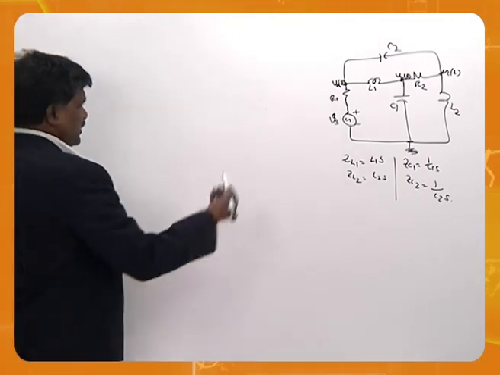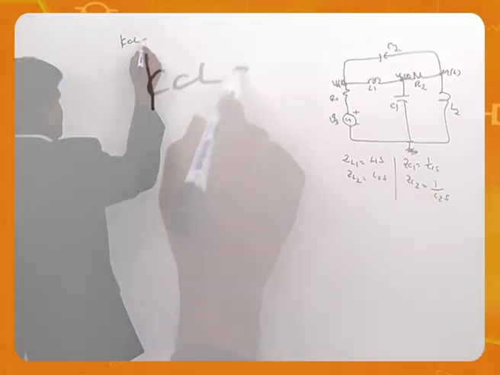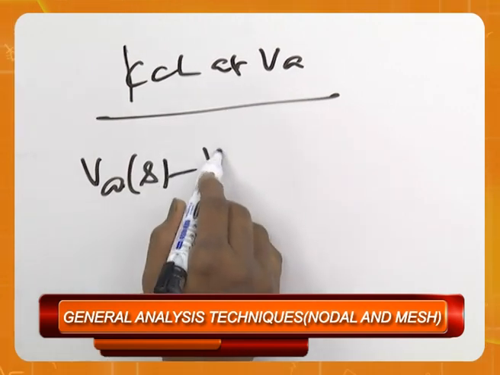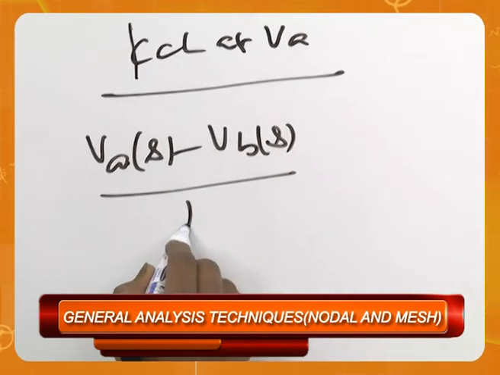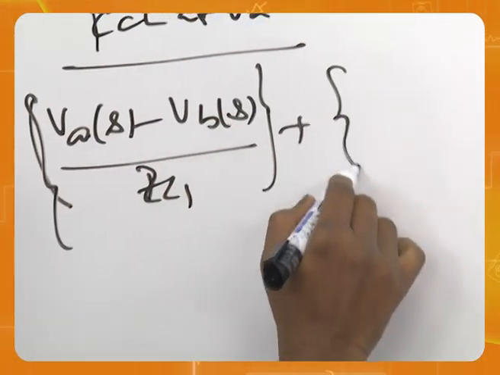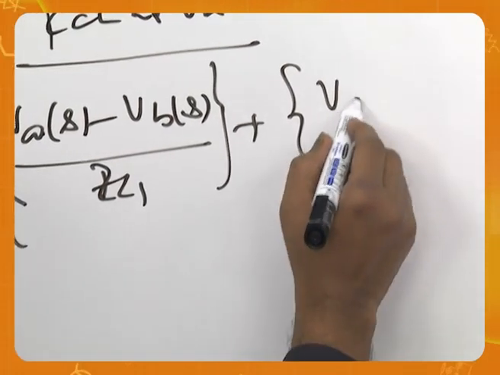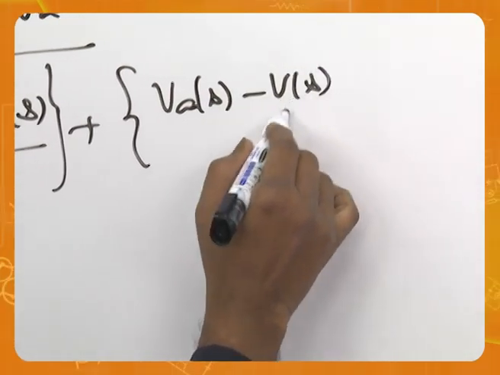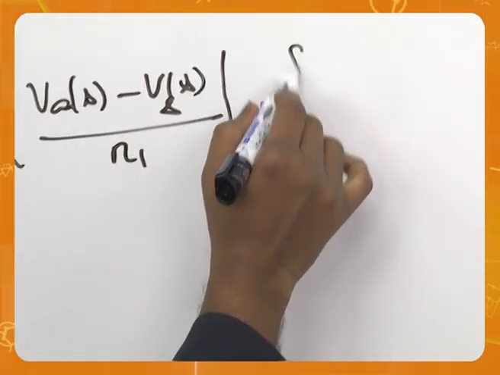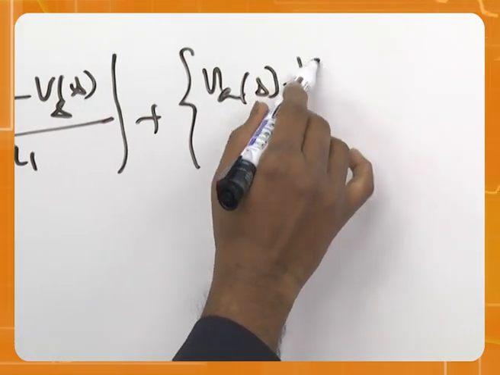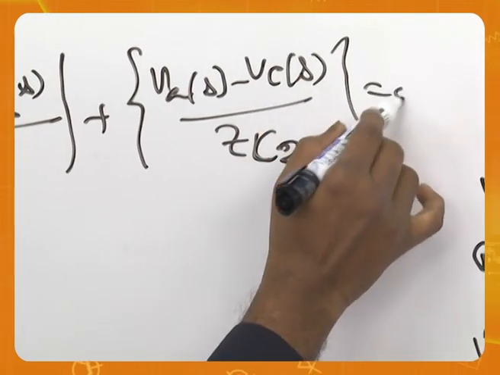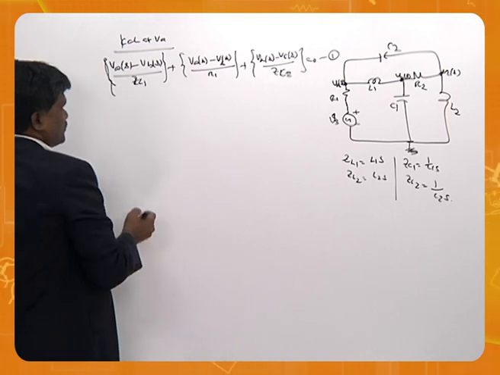Now, we are going for equations. KCL at VA: VA of S minus VB of S by ZL1, plus VA of S minus V of S by R1, plus VA of S minus VC of S by ZC2, is equal to 0.